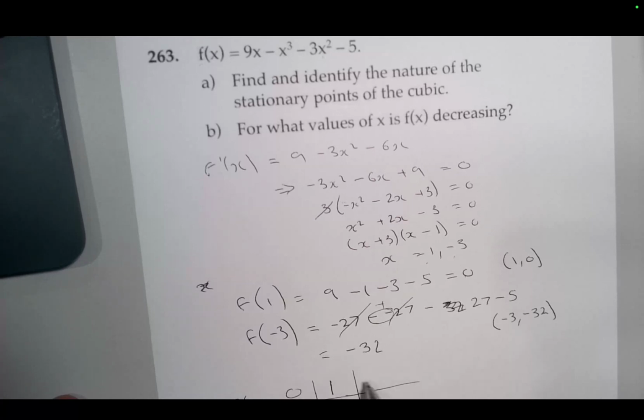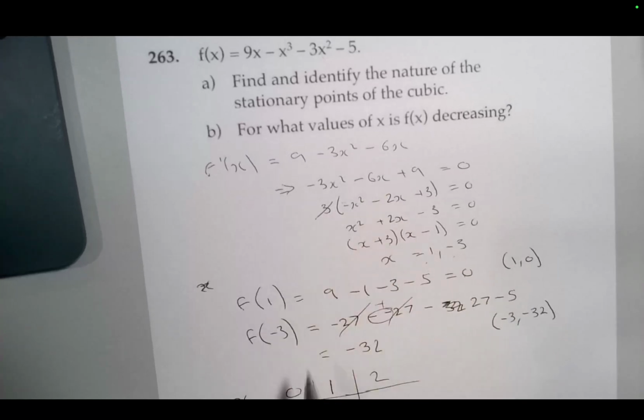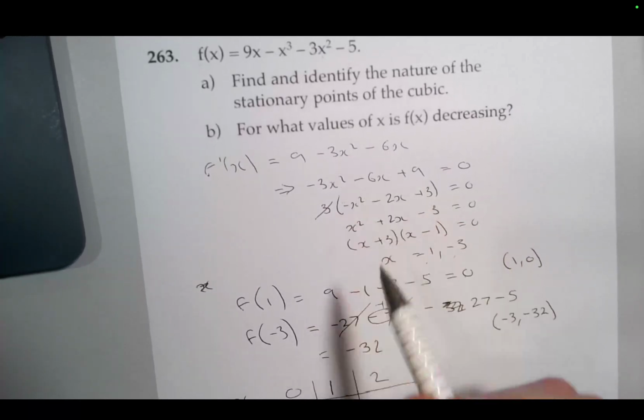Let's say 0, and something slightly bigger, let's say 2. We know when x is 1, the gradient function is 0. So if we plug 0 into the gradient function, what do you notice? It is 9, that's positive. If we put 2 in, that's minus 12, it's going to be negative.